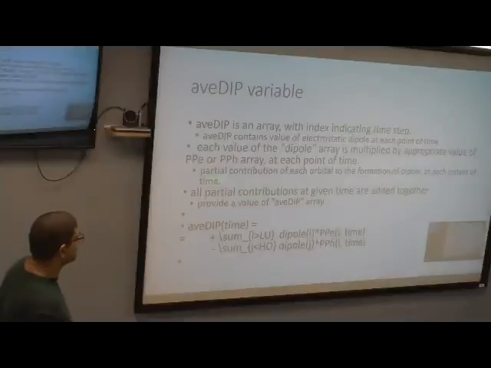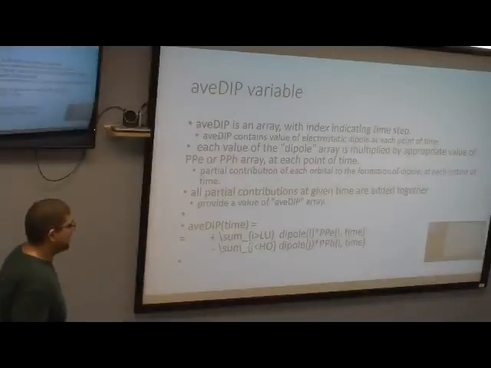So then that is the partial contribution of each orbital to the formation of the dipole at each point in time. And then all partial contributions of each orbital are summed together, and they provide a value of the AVE-DIP array. And then this is just the sum of the dipole at the highest occupied molecular orbital plus the lowest unoccupied molecular orbital.